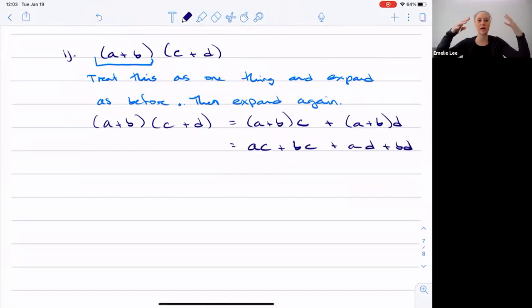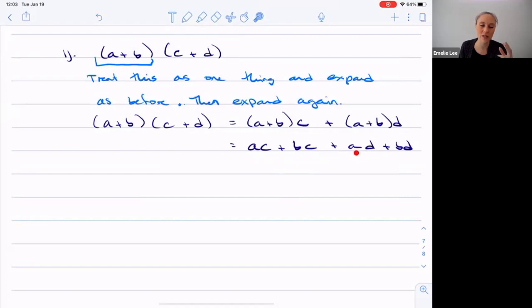Right? Once you expand all that out, that's what you end up with. And you can scan this to make sure that you don't have any like terms. So I've got a times c, there's no other a times c term. There's a b times c, there's no other b times c term. a times d, same thing, b times d. They're all unique terms, and so I'm done, right?